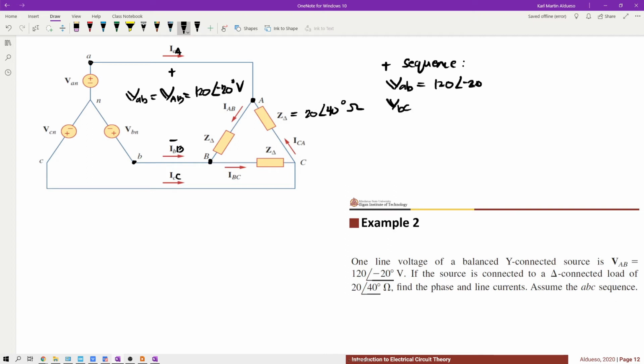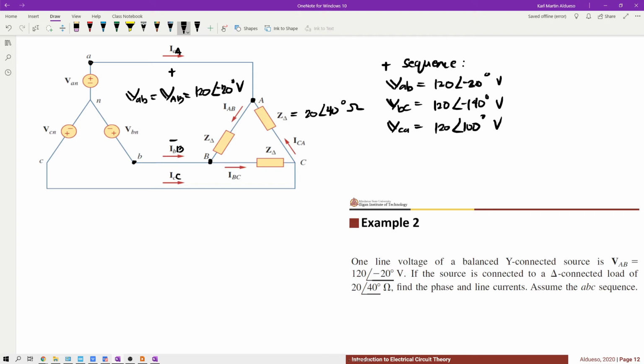VBC is just the same as VAB, but it is lagging by 120 degrees. So this is negative 140 degrees. And then we have VCA equivalent to 120 angle 100 degrees.